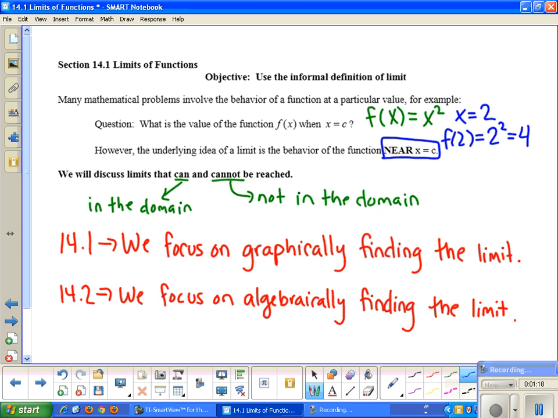Limits that can be reached means that the value of x that you're approaching is in the domain of the function, whereas limits that cannot be reached means that the value near x equals c is not in the domain. So that's when we have to do other things in order to figure out what that value would be reaching. And when I'm talking about this value, the limit is the height of the function as you're approaching x.